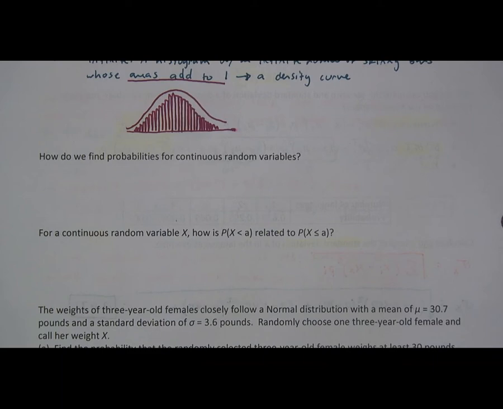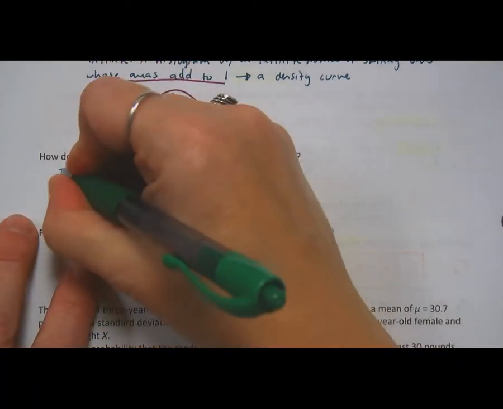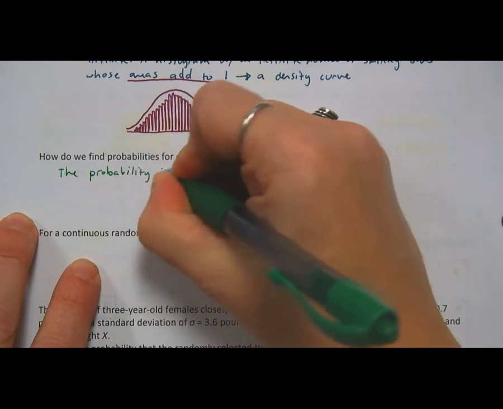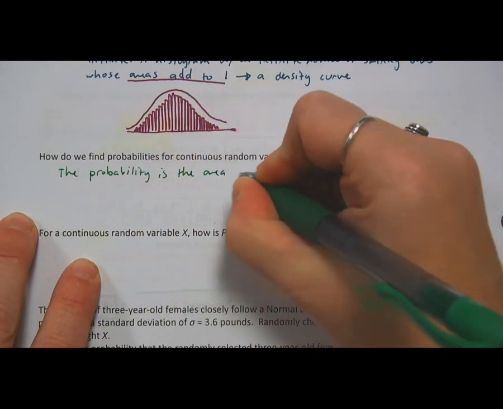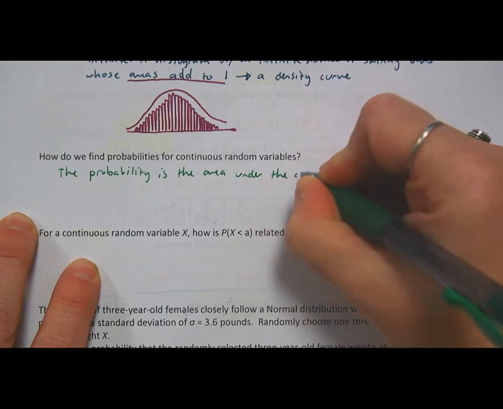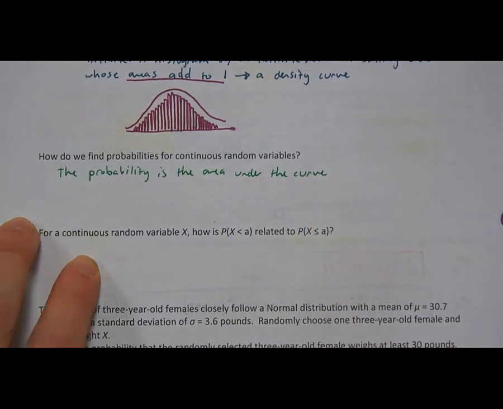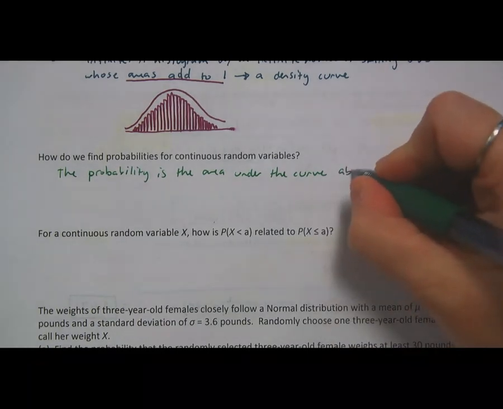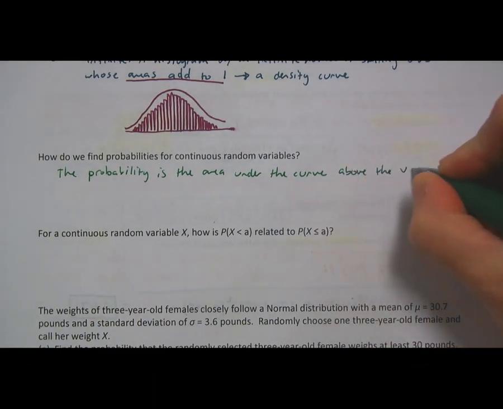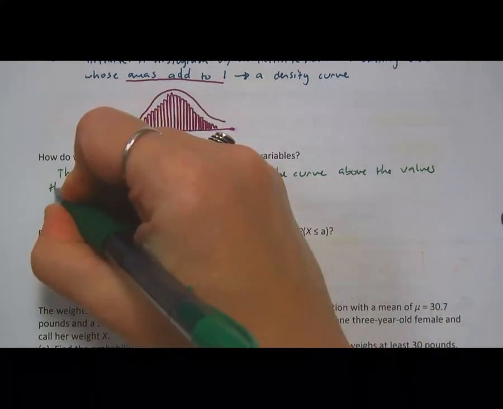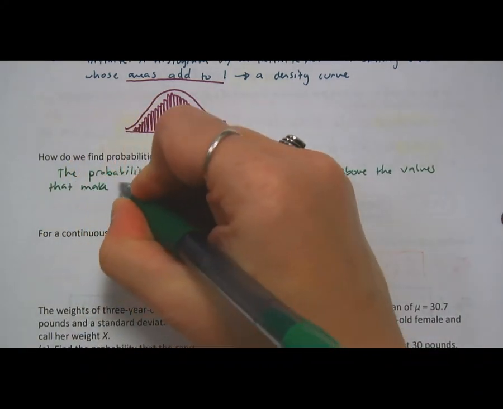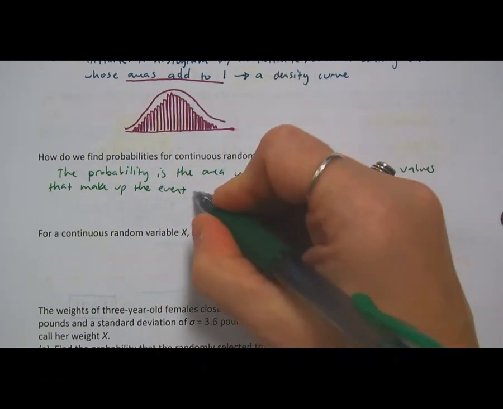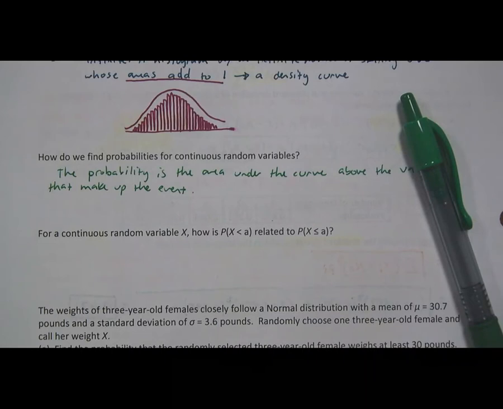The probability is the area under the curve above the values that make up the event. And just remember that the area under the whole curve is 1.